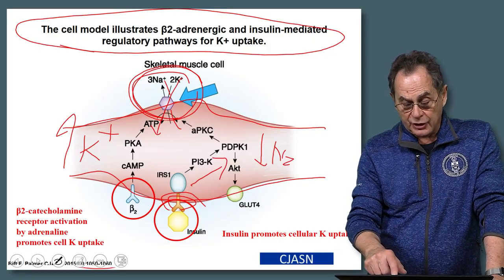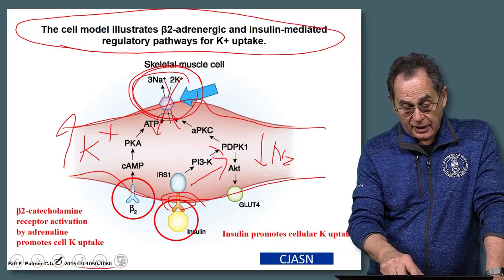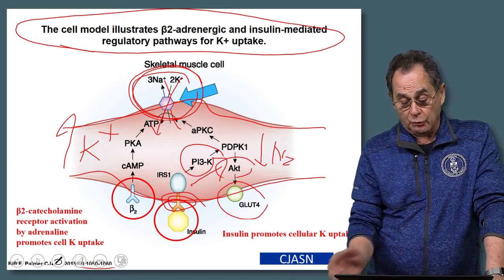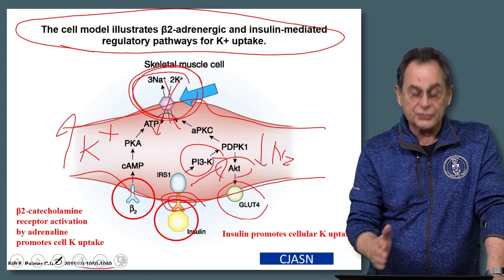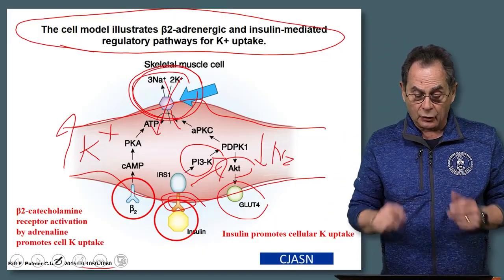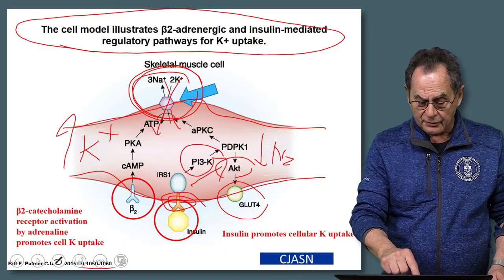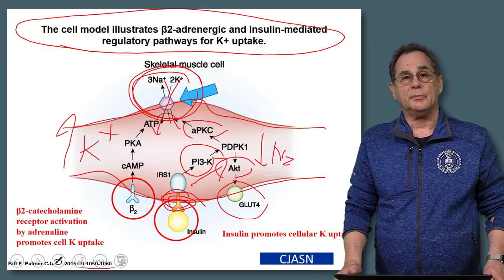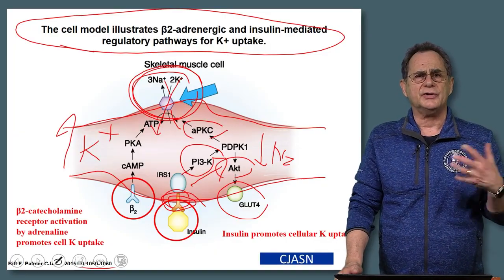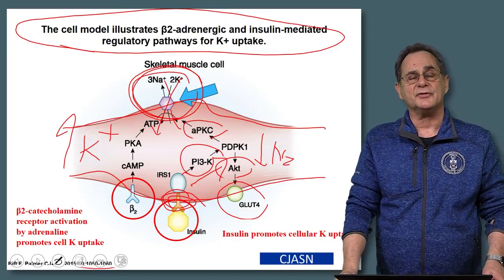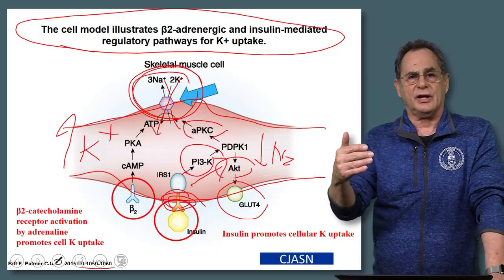cell signaling generates activation of PI3 kinase and AKT, and that leads to the movement of glucose into the cells. That's what you and I depend on when we eat sugar. However, another function downstream of this receptor is the activation of atypical protein kinase C, a kinase in the cell that phosphorylates sodium potassium ATPase and increases its activity.